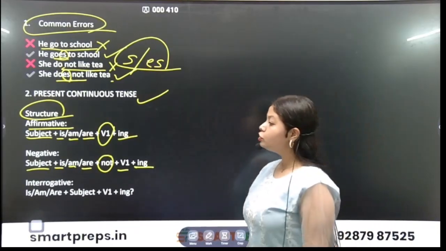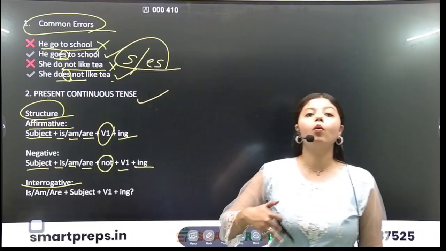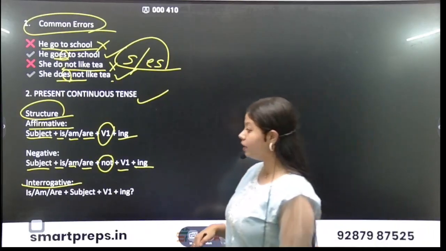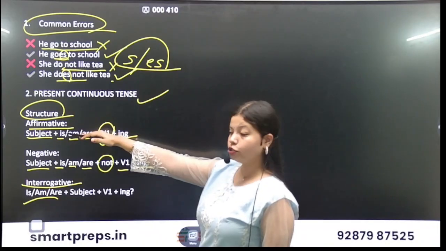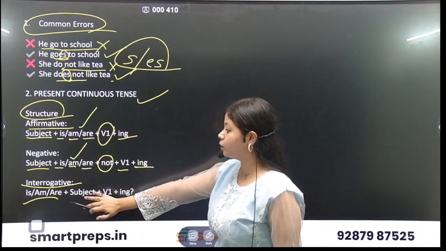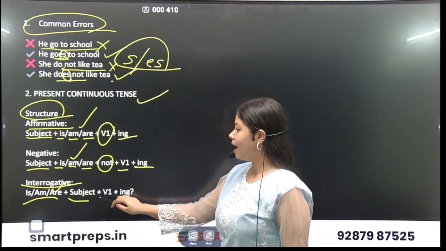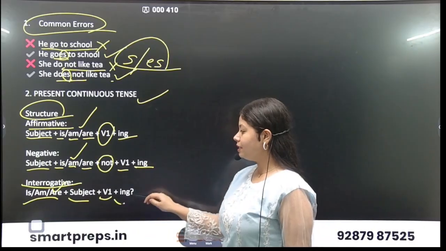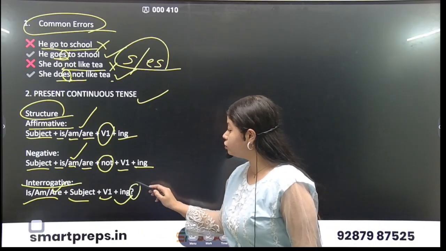Now when the structure is interrogative, if we are questioning, how do we structure it? Same is, am, are, plus the subject plus the verb plus ing, along with one question mark.